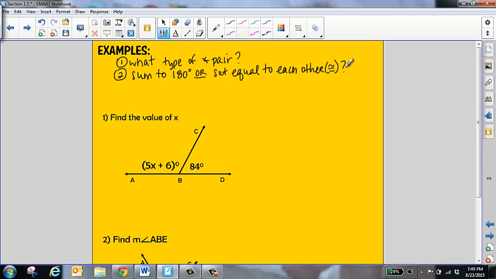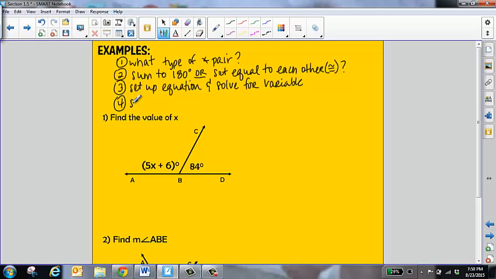Then from there, you can set up your equation and solve for your variable. Now the last piece, and we talked about this, I think, on Thursday or Friday, is that you always have to check to see if you need to substitute the value of your variable back into the problem.